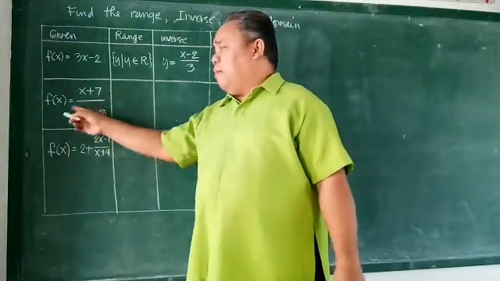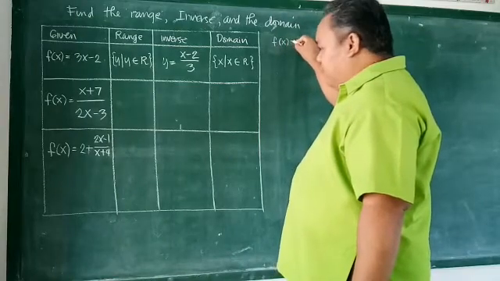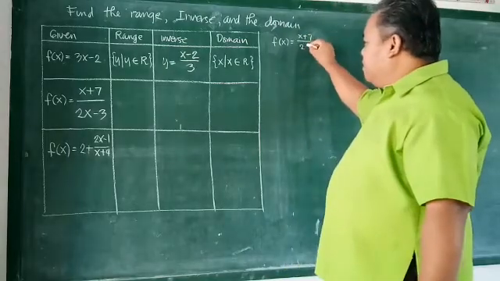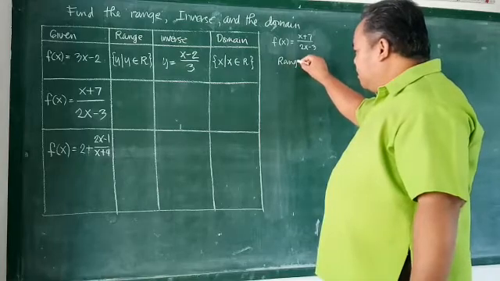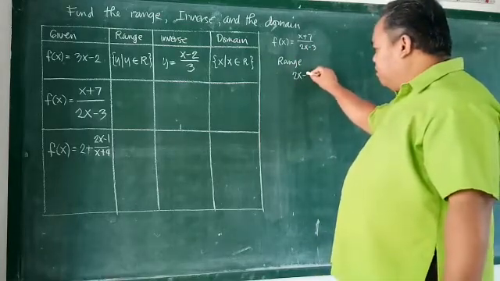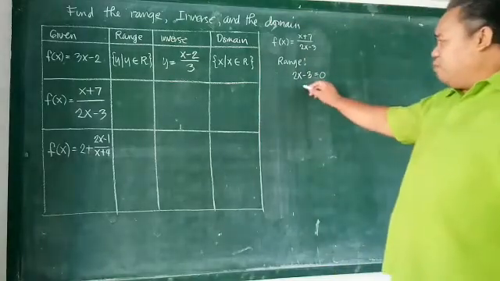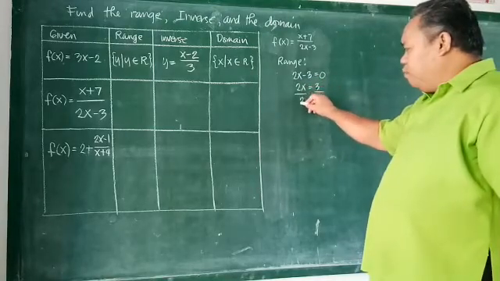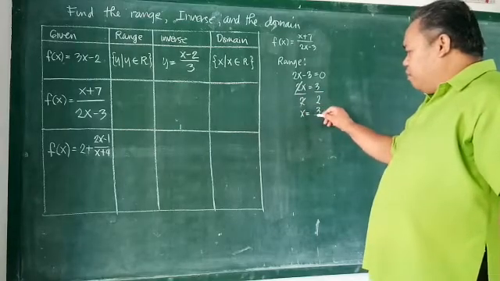Looking for the range is to equate the denominator, 2x minus 3, to 0. So 2x equals 3. Again, divide both sides by 2, cancel 2 here. x equals 3 over 2.